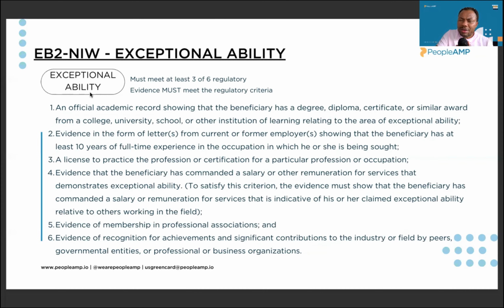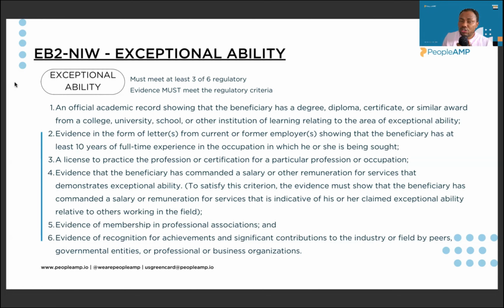Now, what USCIS now said is that for this category of people, imagine this HR manager that I just mentioned earlier. This person has been working for the past 10 years. This person got into an office, maybe as an HR admin, and this person has grown his or her career to the level of being a senior HR VP as an example.